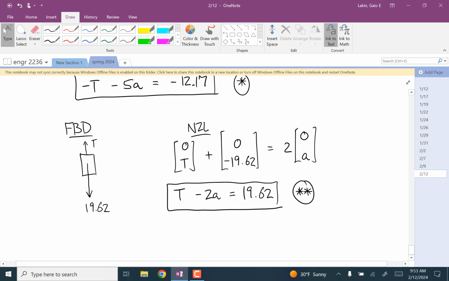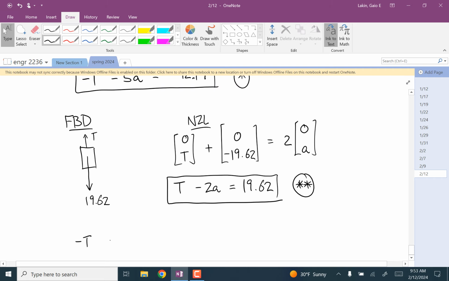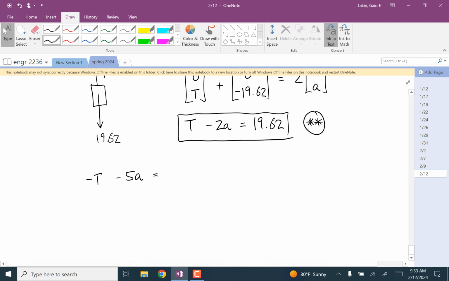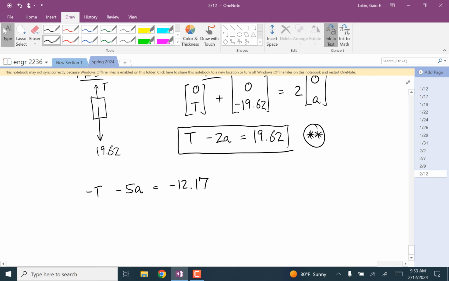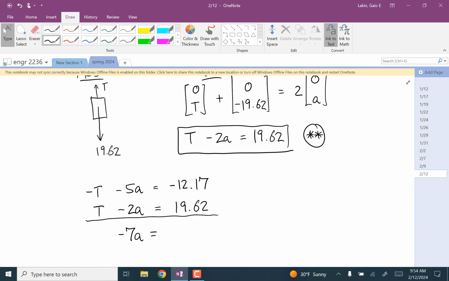Now solve this system. So negative T minus 5a is equal to negative 12.17. The second one says T minus 2a is equal to 19.62. I'll just add those two and I get negative 7a is equal to positive 7.45.